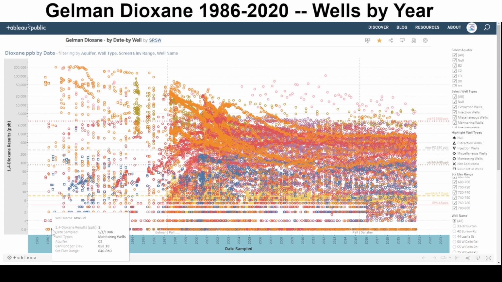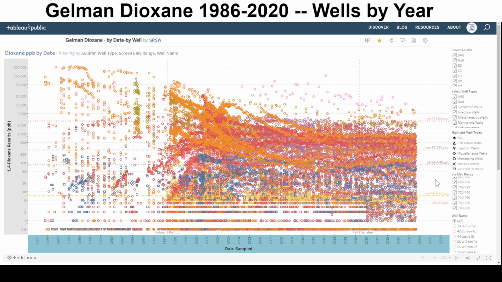We've coded all of the ones that were non-detect as 0.5 parts per billion, just so it'll show up on this graph. Future graphs, we're going to have to lower this to like 0.001 because now the new sampling technology and the analysis methods and the regulations, especially for other states, are below 1 part per billion. But this shows you the full range of dioxane.